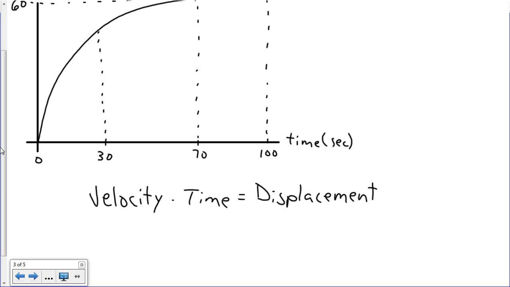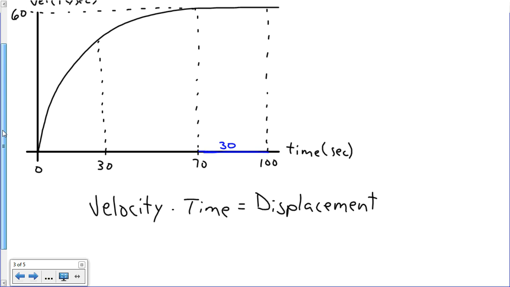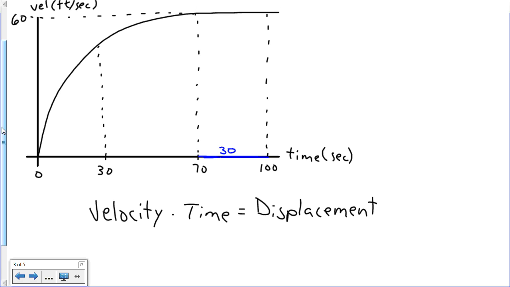Let's consider the interval from 70 to 100 seconds. That is, let's consider this 30-second interval right here. That's 30 seconds from 70 to 100. For that interval, I know how much time has passed, 30 seconds. And I also know from the graph that I was traveling at 60 feet per second for that entire interval. So I also know the rate, or the velocity.